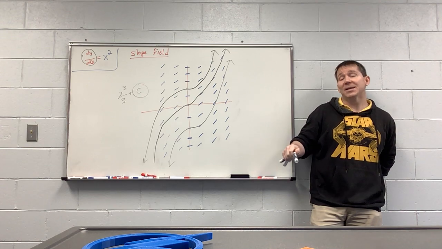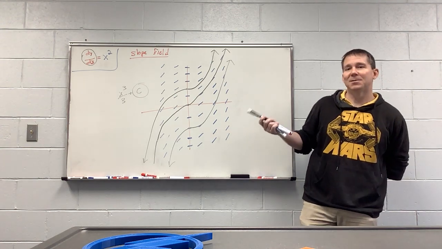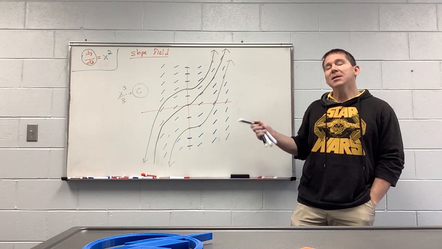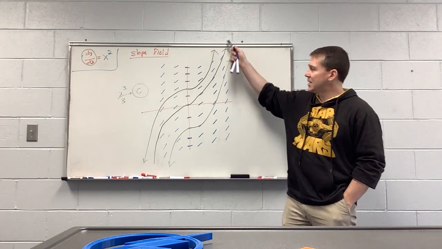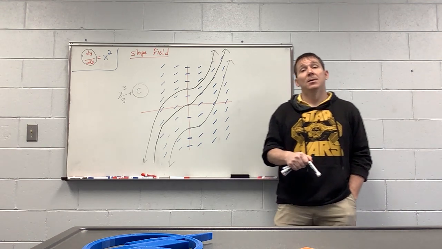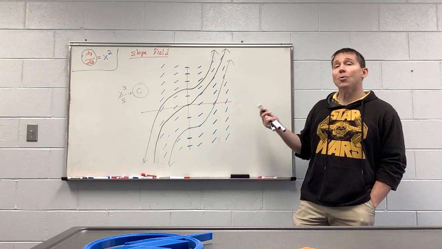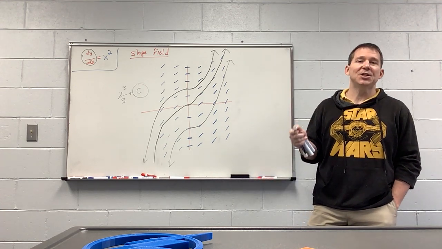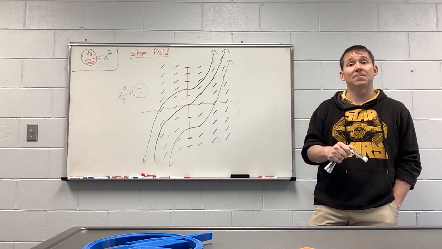I now know that my solution should look like this, up to my ability to draw it, and it should be cubic. The only thing I don't know is which cubic is the actual solution. So this slope field just gives me a visual representation of all the general solutions.